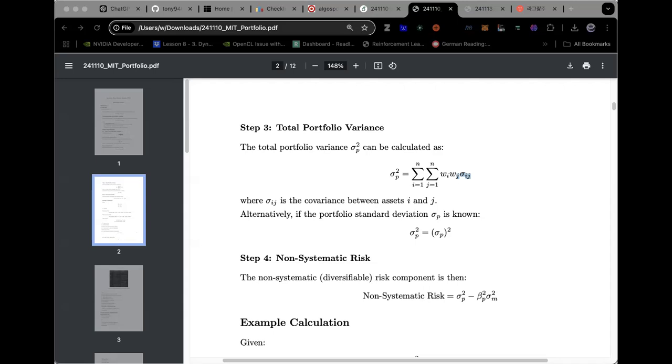In this case, this is return, and we should also calculate risk. How much risk we have. Risk can be defined by, we should first get expected return, which is the average of return.